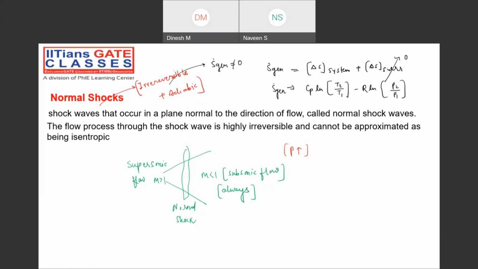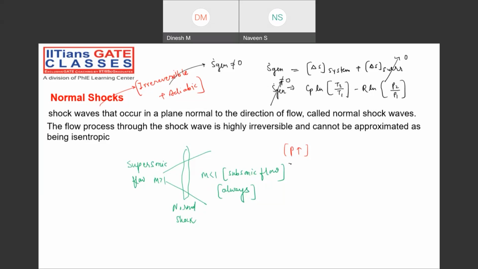So note down. These are very, very important things. Please note it down. So if entropy generation is not equal to zero, then what will happen?